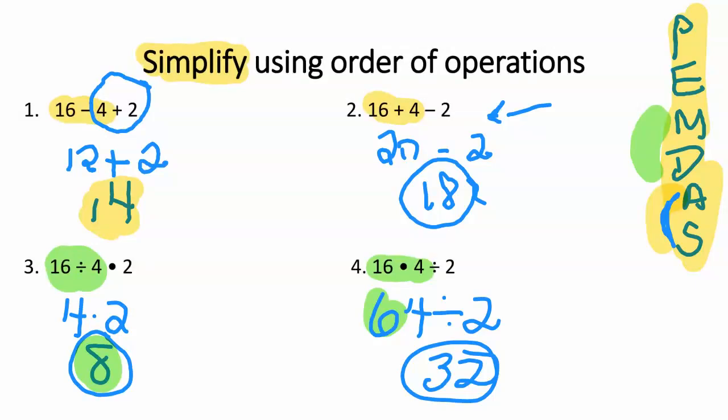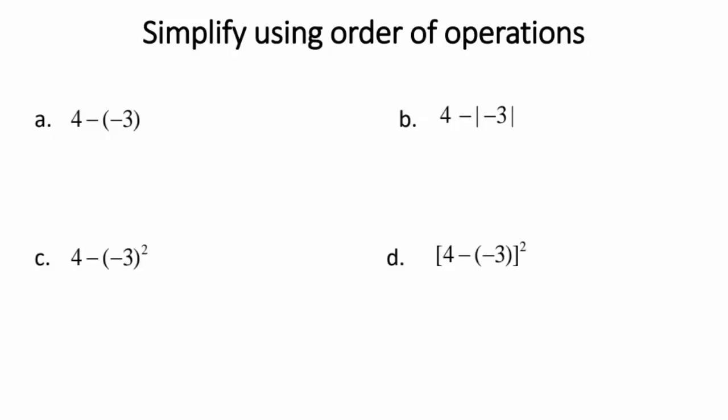This is bringing in some old stuff with some new stuff. Okay? Now, this is still telling me to simplify, but notice here I have parentheses, I have exponents, I have an absolute value, and I have braces.